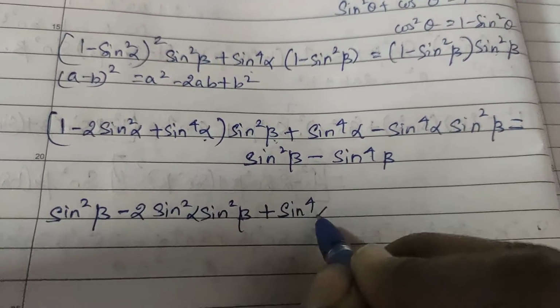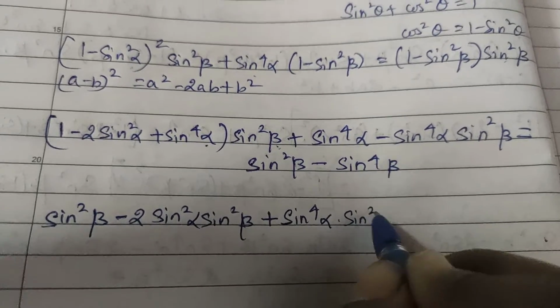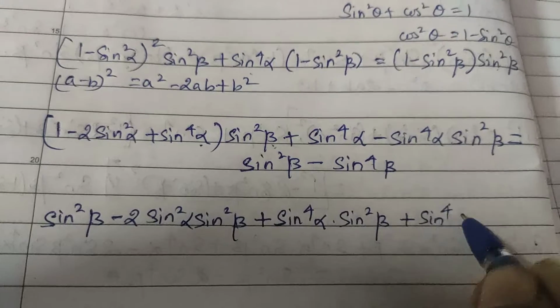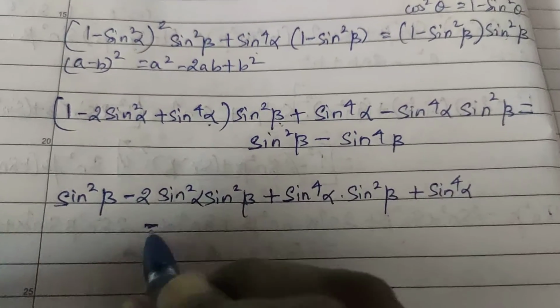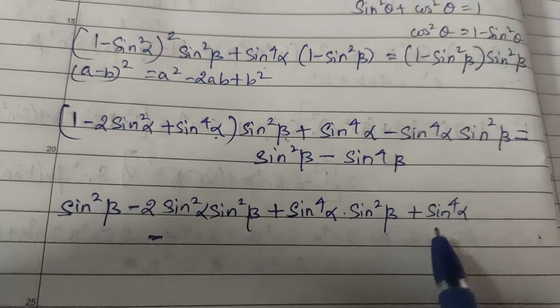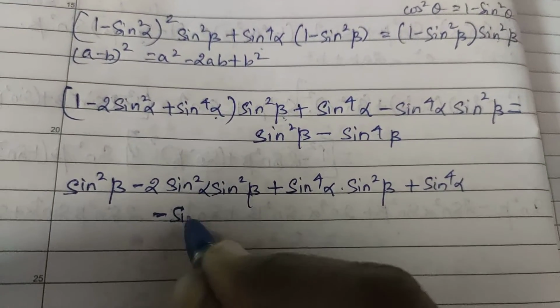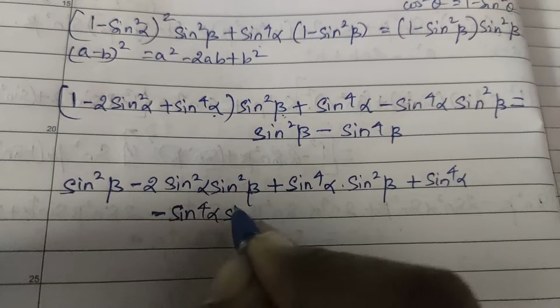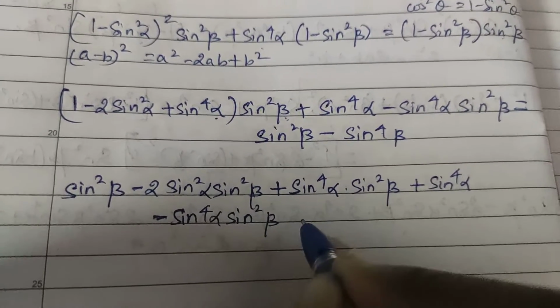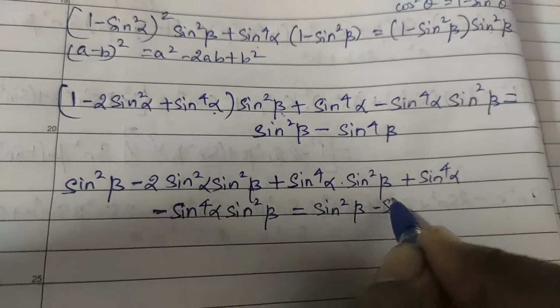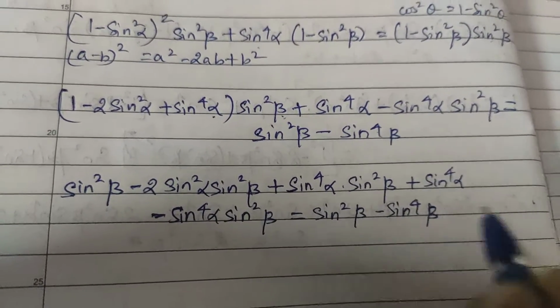Remaining everything will be the same: sin to the power 4 alpha minus sin power 4 alpha sin squared beta equal to sin squared beta minus sin to the power 4 beta.